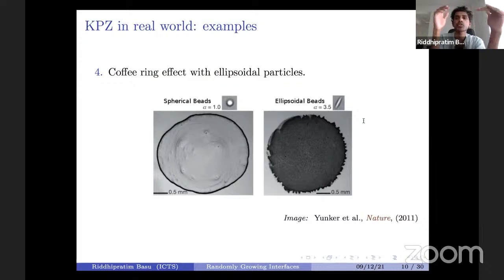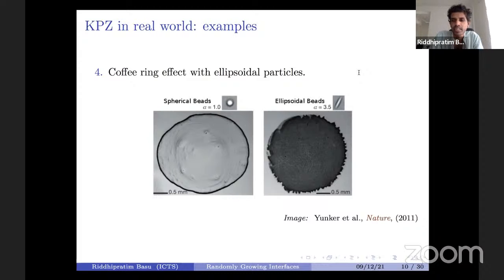But if it contains ellipsoidal colloidal particles, then when you let the coffee drops dry, the boundary of your dried coffee drops will look like this KPZ predicted interface. There are many more examples. If you search in Google for KPZ in the real world, you see many other examples.